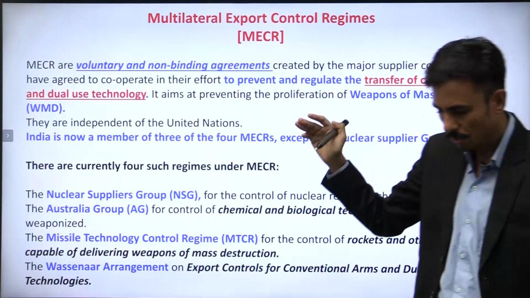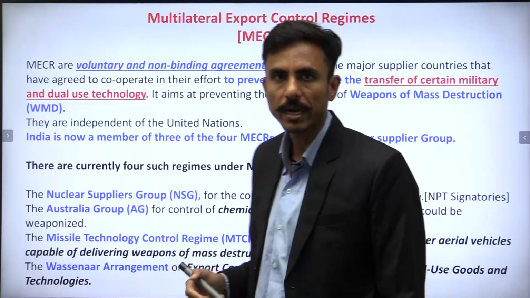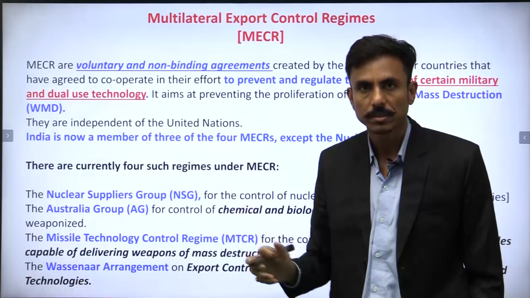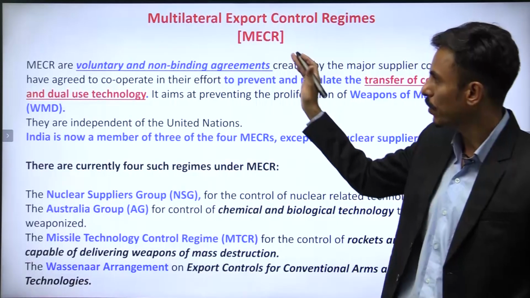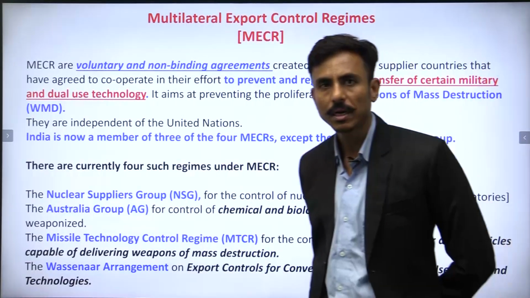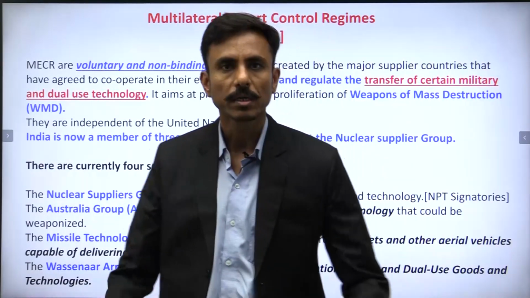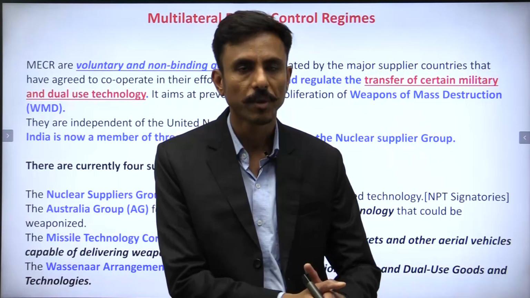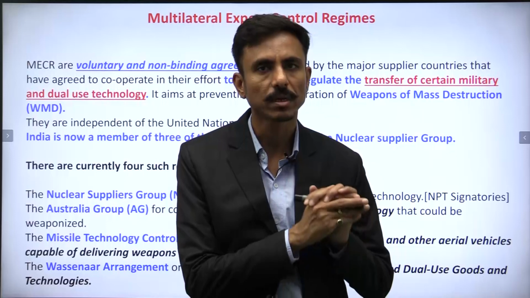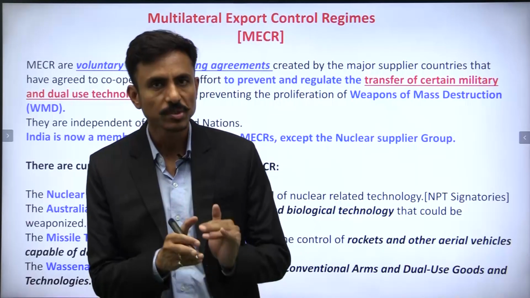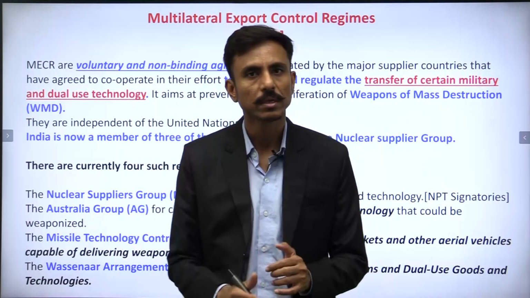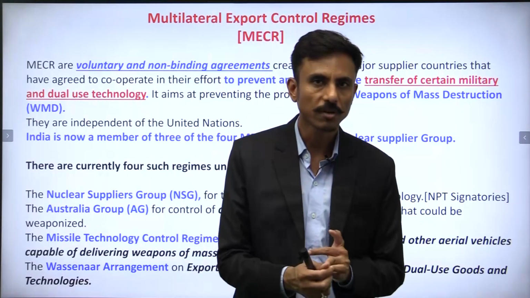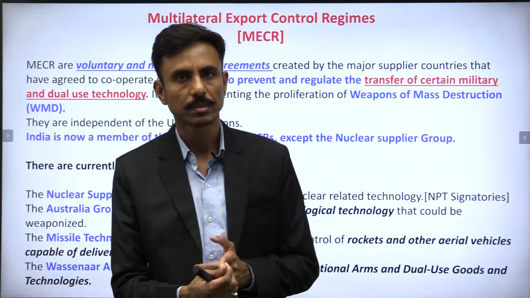So guys, in order to understand this, we must understand multilateral export control regimes, MECRs. Very important. Now, multilateral export control regimes control the transfer of weapons of mass destruction between the countries, right? Guys, weapons of mass destruction or WMDs include nuclear weapons, chemical weapons, biological weapons, radiological weapons, right?